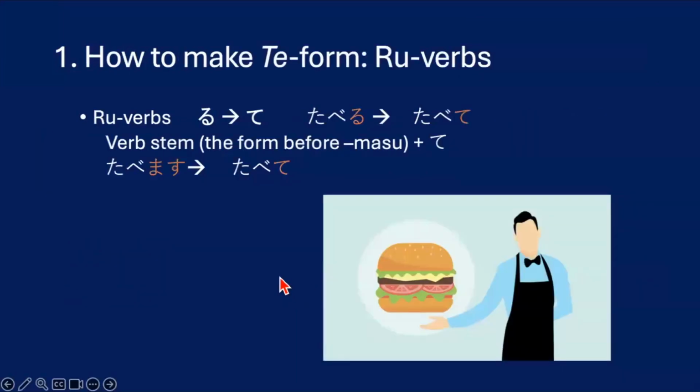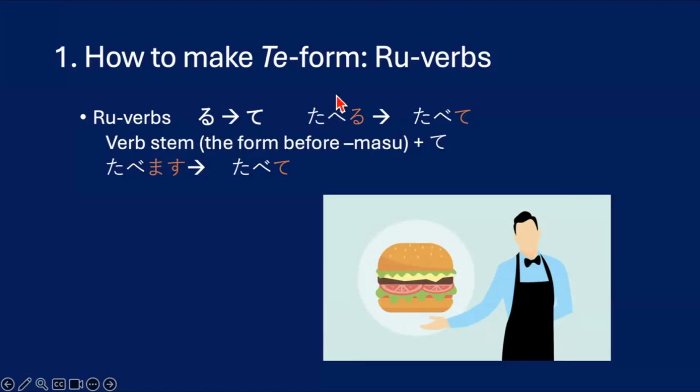All right, so how to make te form of ru verbs. If you remember, there are 3 categories of verbs: ru verbs, u verbs, and irregular verbs. Ru verbs end with ru. So what you do to make te form is you just get rid of ru and add te. I'm talking about the dictionary form.